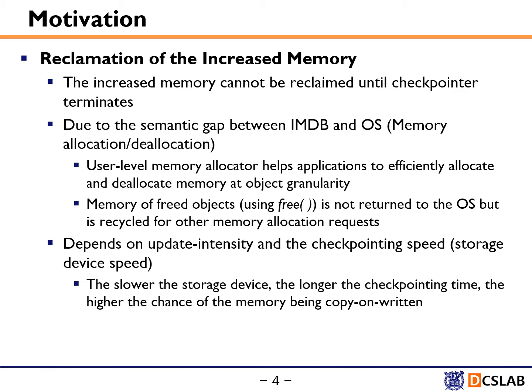For instance, the memory of a freed object is not immediately returned to the OS but is recycled for the application's other memory allocation requests to avoid excessive system call overhead. So the memory allocator keeps the memory once allocated from the OS until the process terminates.